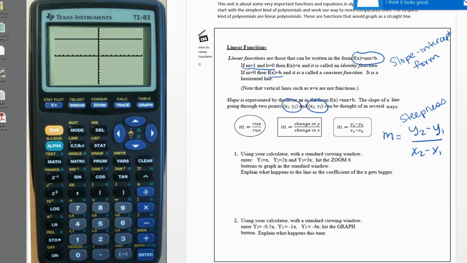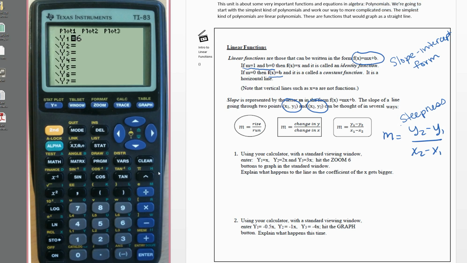Now, just to look at what happens with slope, let's go to this y equals, and let's put in y equals x like we had before. We'll leave that one just regular. 2x, we'll give that one a dotted line.